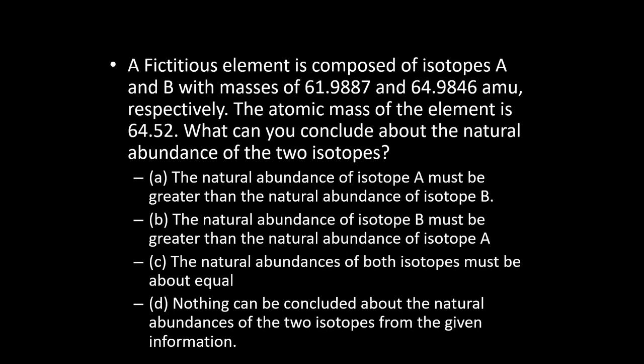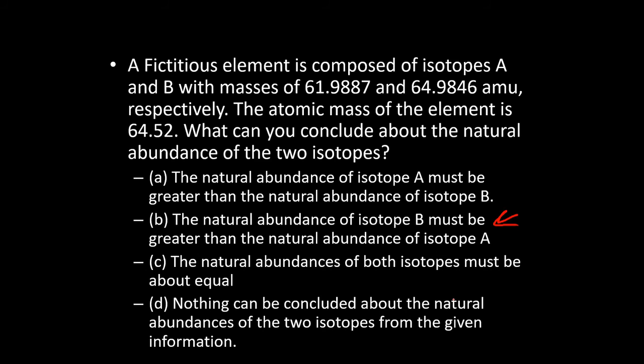Alright, I hope you thought about that for a minute, and hopefully we're able to figure out that the correct answer is B. The natural abundance of isotope B must be greater than the natural abundance of isotope A. Remember, the atomic mass is the weighted average, so the thing that you have more of is going to have a greater effect on the atomic mass.